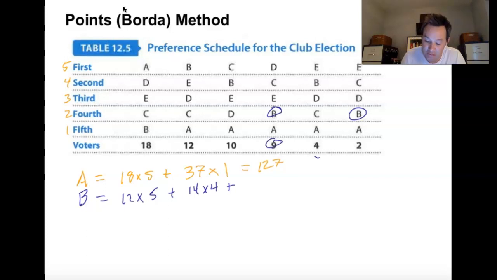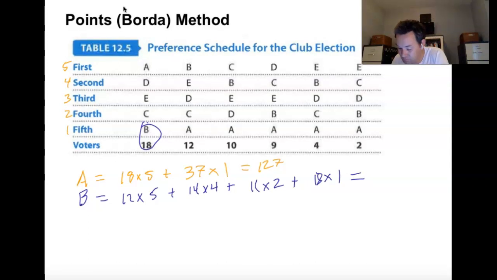So he got 9 plus 2. He got 11 4th place votes, for which he gets 2 points for each of those. All right. And then finally, candidate B got 18 5th place votes. So 18 times, he gets 1 point for those. Just popping this in the calculator real quick. All right, candidate B, 296 points.